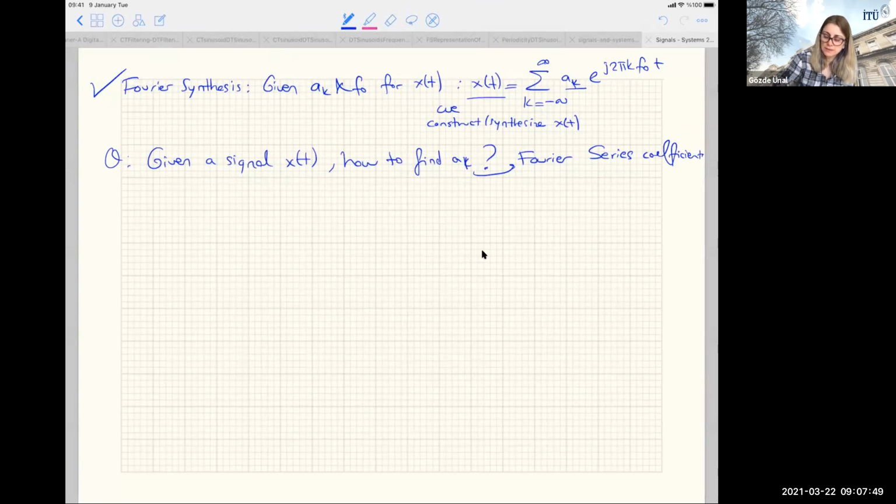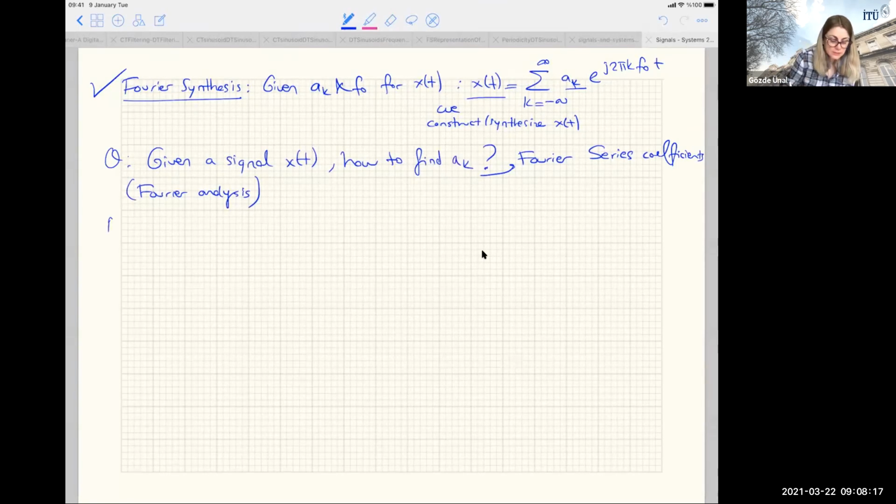The Fourier synthesis is much easier, we are given everything already. But now this is called Fourier analysis. To analyze is to deconstruct something into its components, and to be able to find ak, that's what you're doing. So we will start with x of t to do that.